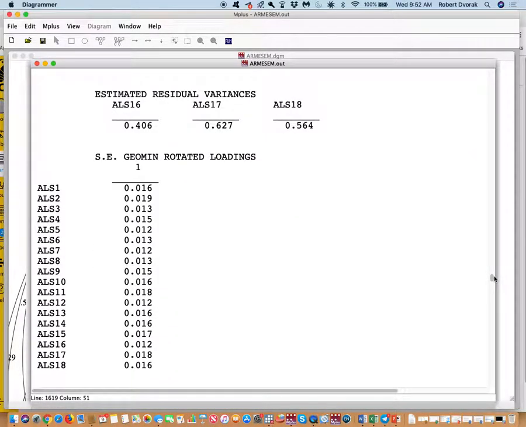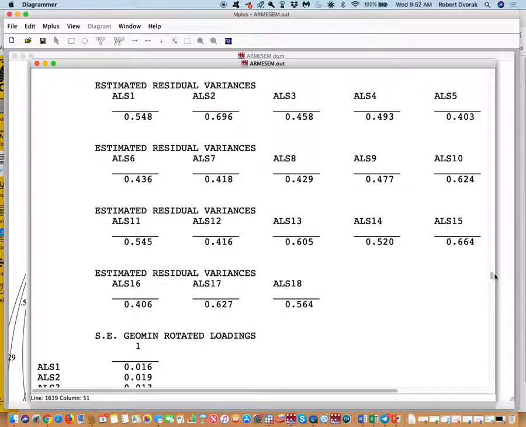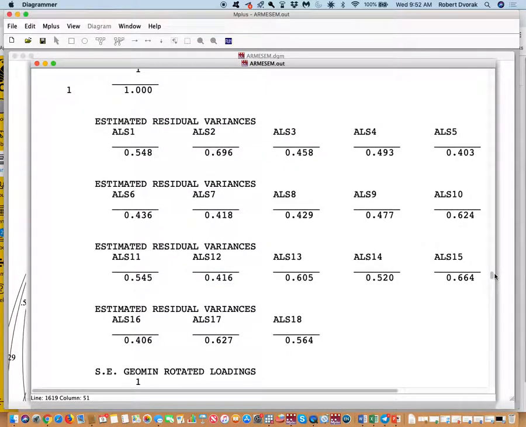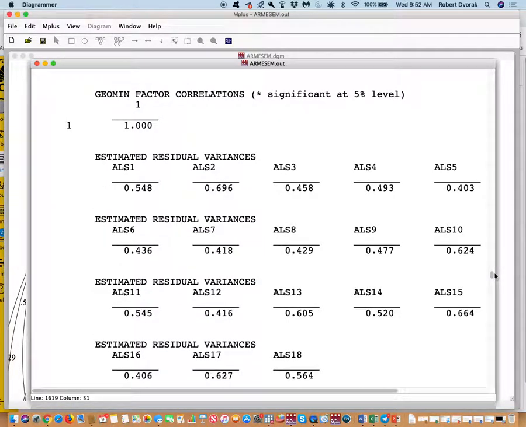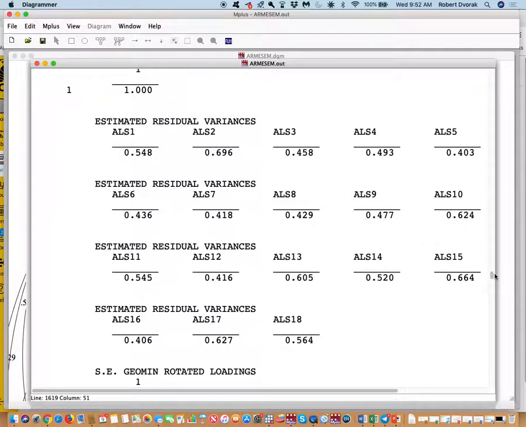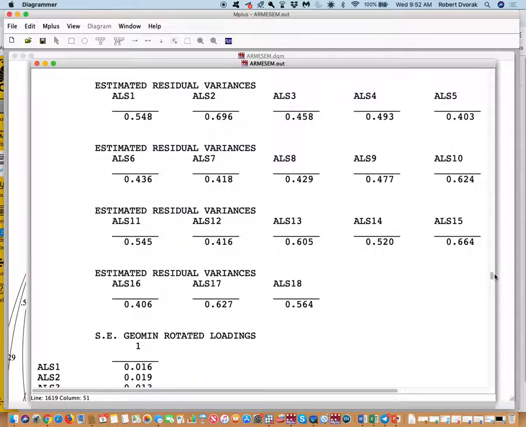We scroll down here a little bit more. We don't need to worry about this. This is just the estimated residual variances for each of these. That would be roughly equivalent to, not equivalent to, that is your communalities for EFA in a factor analysis.